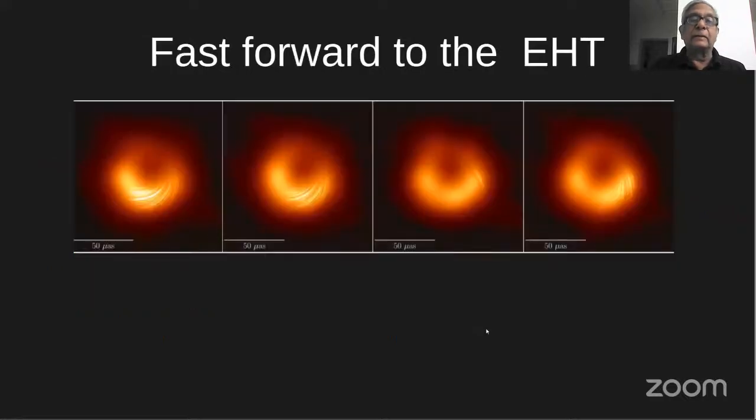But now we're skipping over many decades, right? If you take the most extreme form of aperture synthesis that has ever been done, extreme in terms of wavelength, because this is now 1.3 millimeters, and extreme in terms of baselines, 10,000 kilometers.